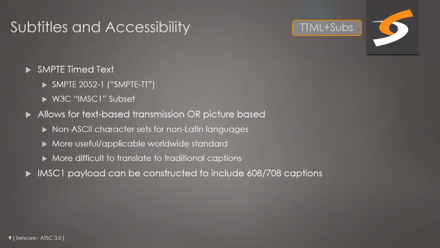We're all used to the 608, 708 format that's been around. 608's been around since the 1970s. 708 was added with ATSC 1 basically in the 90s. So a long time for those older formats. The new standard is SMPTE Timed Text. It's basically an XML file with a string of text and some other metadata around that related to when to put it on the screen, where to put it on the screen, things like that.